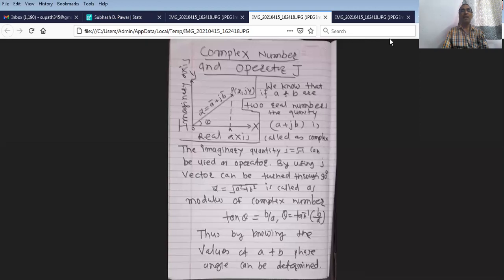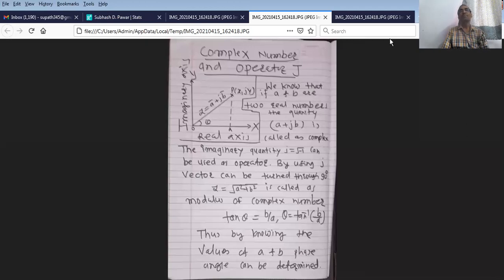See in the diagram, the x-axis is where we are going to plot the quantities which are real. That means the quantities which are in phase, when we compare two quantities which are in phase.